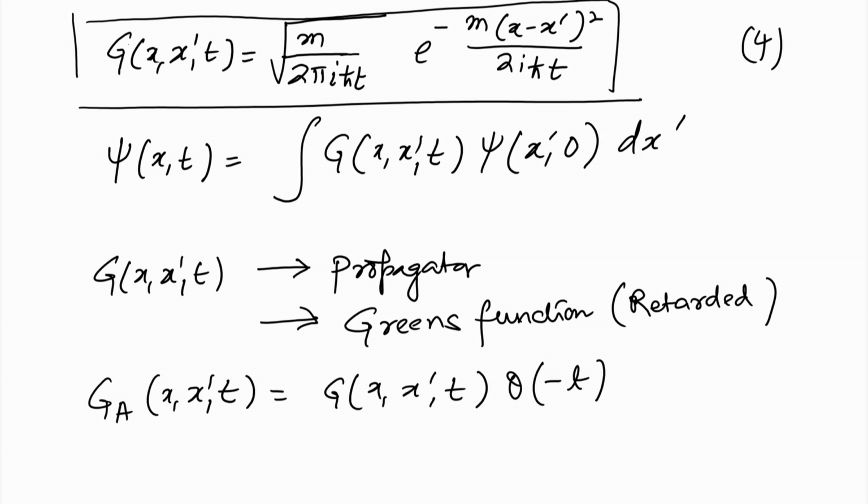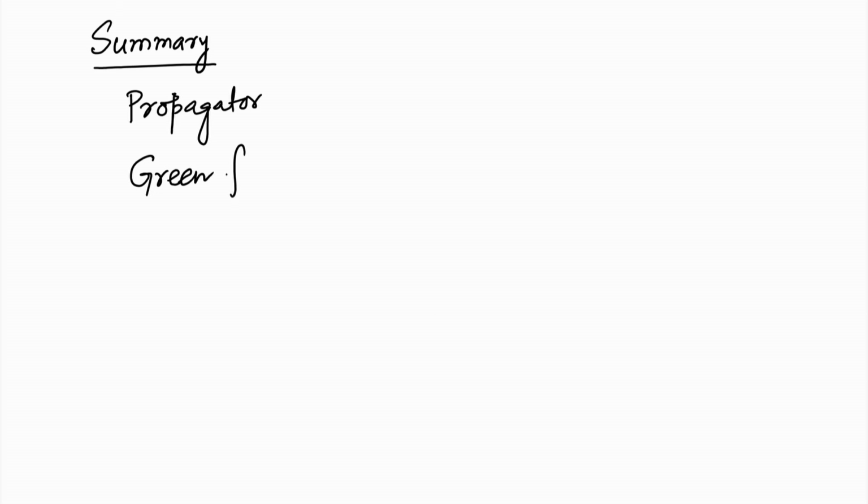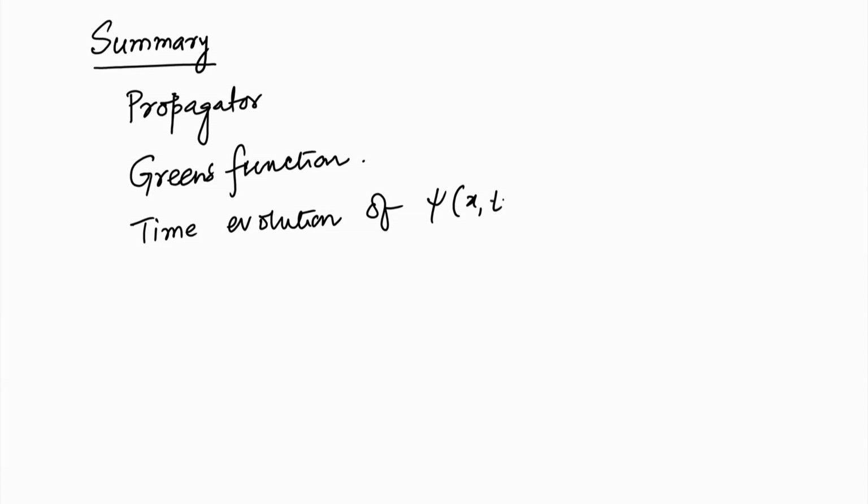To summarize, whatever we have done so far is that we have defined a propagator, and from the propagator we have learned how to calculate the Green's function, and how this propagator or the Green's function can talk about the time evolution of the wave function psi of x t in quantum mechanics.